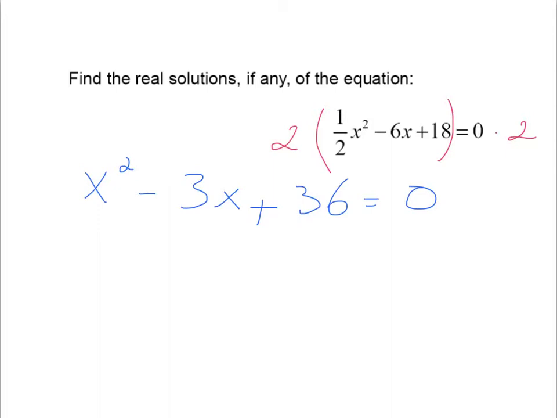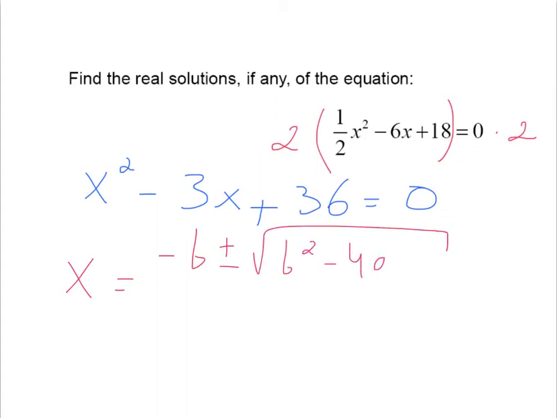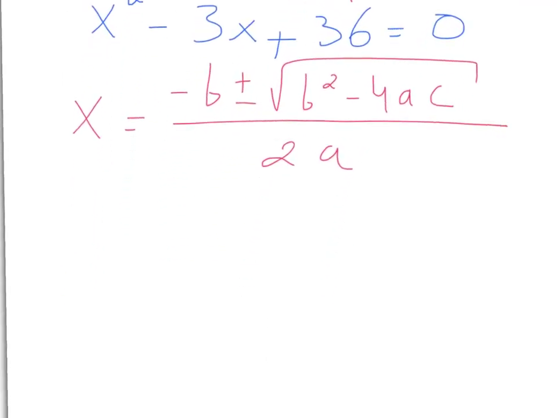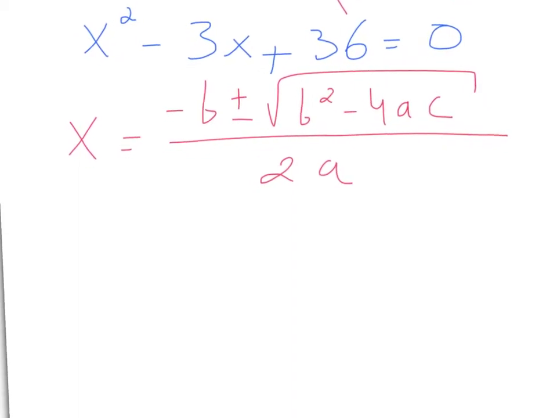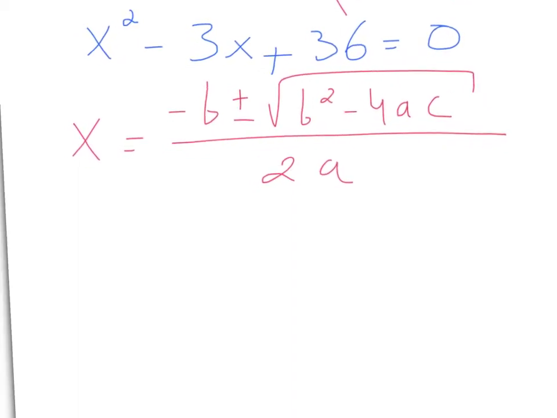All right, so again, we can use the quadratic formula here. So we get x equals minus b plus or minus the square root of b squared minus 4ac, over 2a. Here we know that a is 1, b is negative 3, and c is 36.